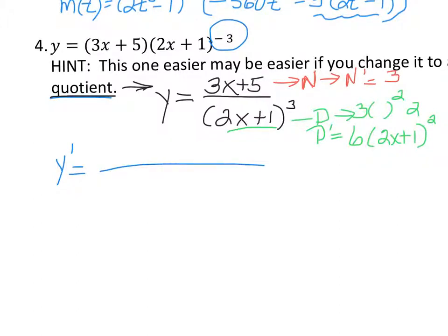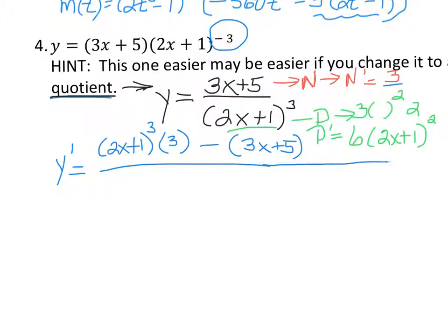And our quotient rule says we always start out with the denominator, which is 2x plus 1 raised to the third power. And we're going to multiply that times the derivative of the numerator, which is 3. And then subtract the numerator, 3x plus 5, times the derivative of the denominator, which is 6 times 2x plus 1 squared.